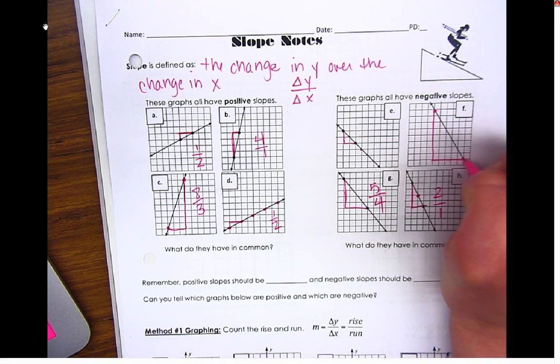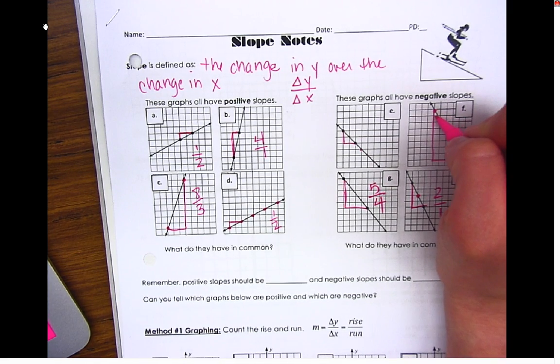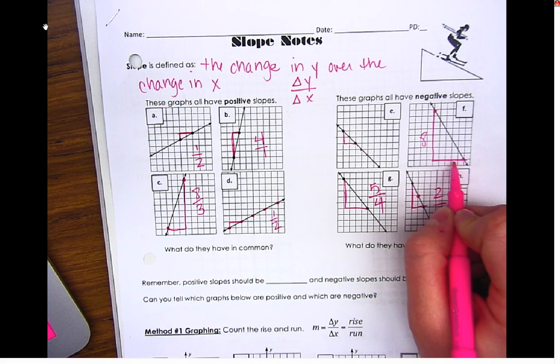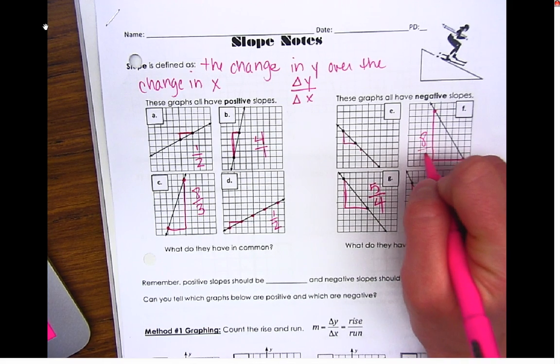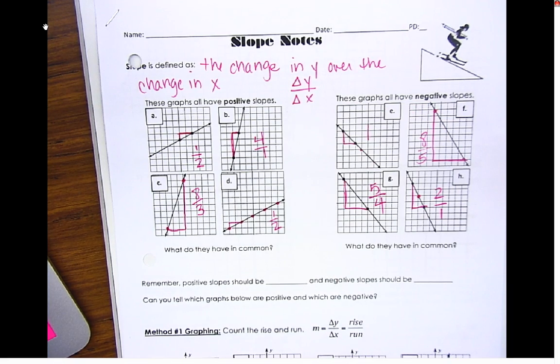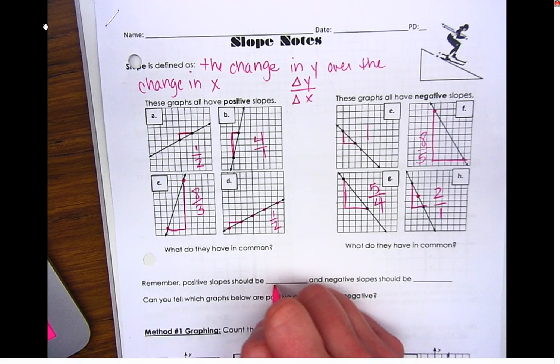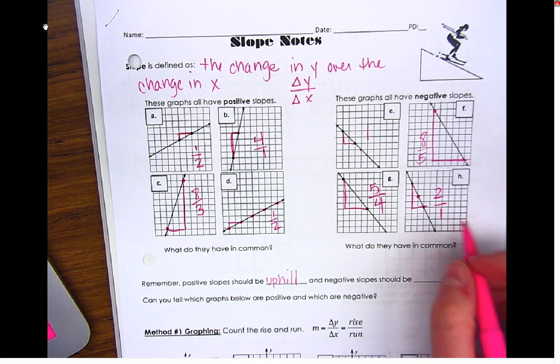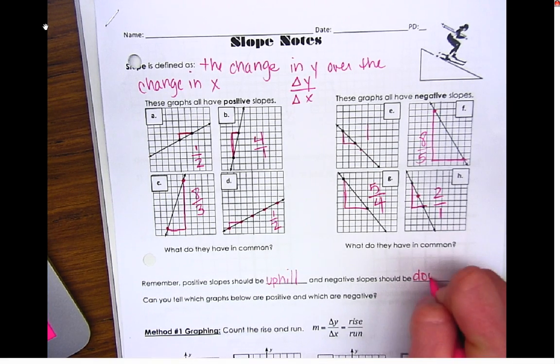So it looks like I have a vertical change of 1, 2, 3, 4, 5, 6, 7, 8 and a horizontal change of 1, 2, 3, 4, 5. So 8 over 5, and then this one was 1. All right, remember positive slopes should be uphill, and negative slopes are going to be downhill.